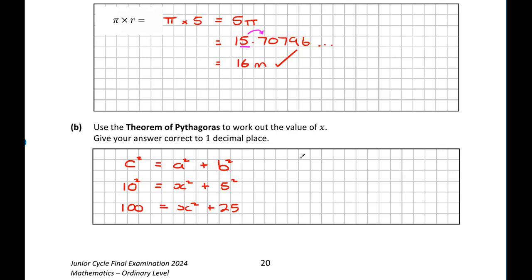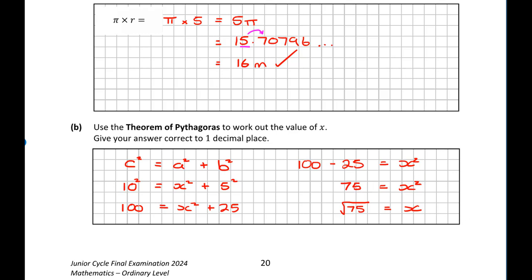So you bring the 25 across, you're going to get 100 minus 25 equals x squared. So 75 equals x squared. So root 75 is equal to x. You do that on your calculator. Well, we know root 81 is 9, so it's going to be a little bit less than 9. So it's 5 root 3.